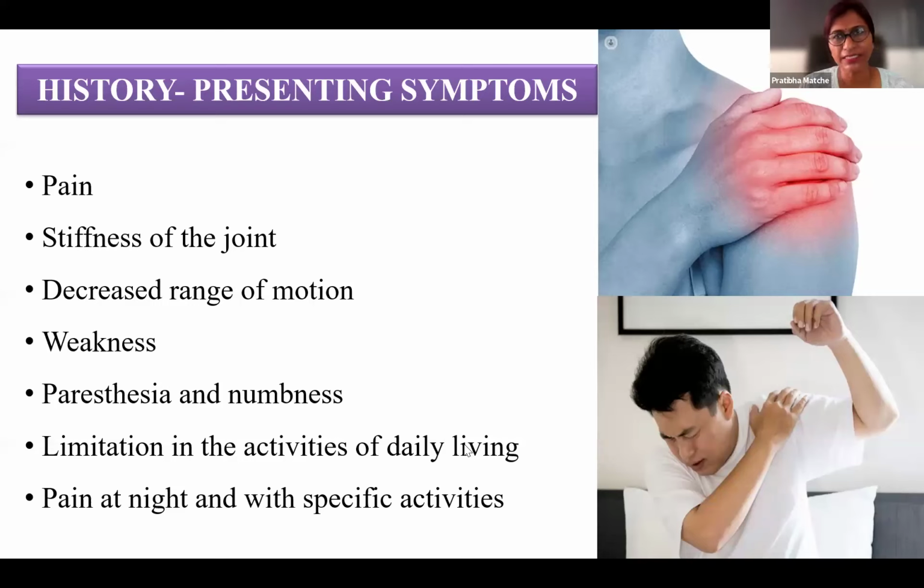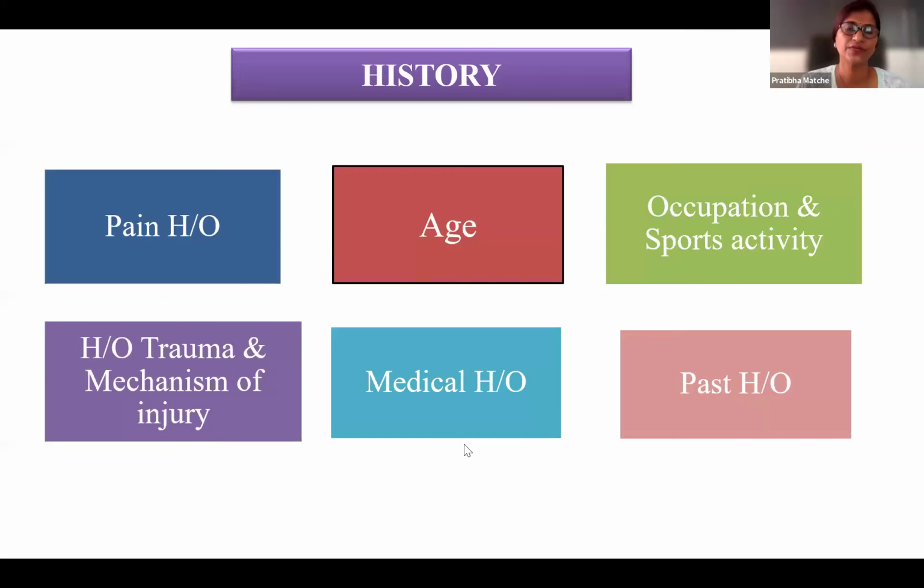This is very disabling for them when they are not able to do the daily activities. There can be pain at night and pain associated with specific activities. So in the history, we have to go into the details of pain history and give importance to all these things that I have written, and we are going to go one by one.